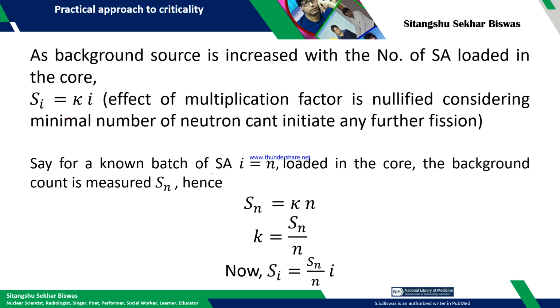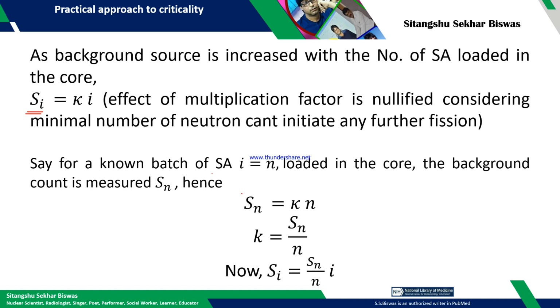So if I number of subassemblies accumulates Si number of neutrons, then we can write Si is equal to some constant into I. That means as the number of subassemblies loaded in the core increases, background neutrons will increase proportionally.